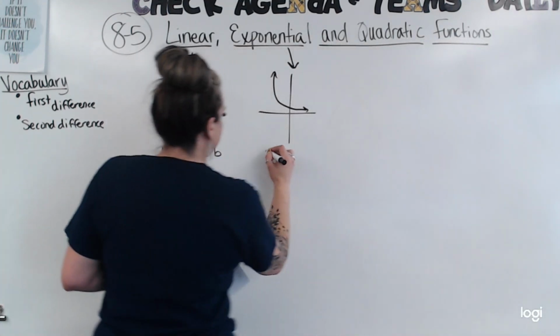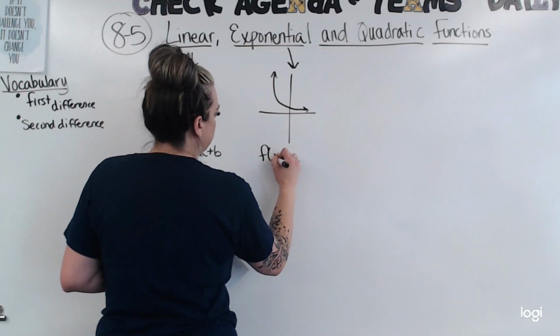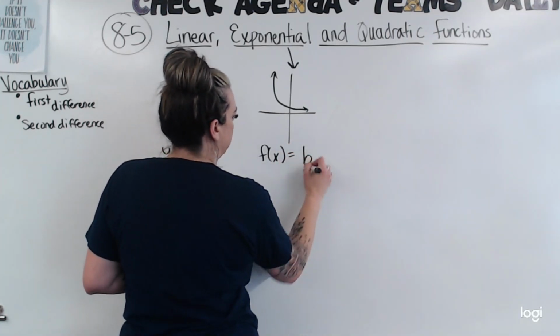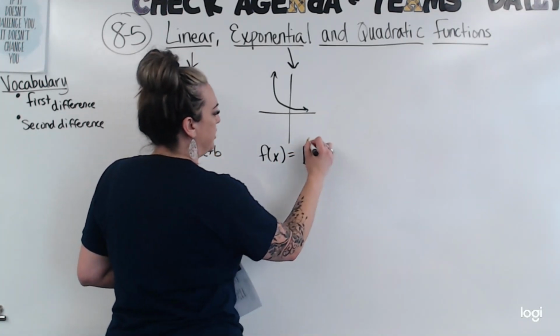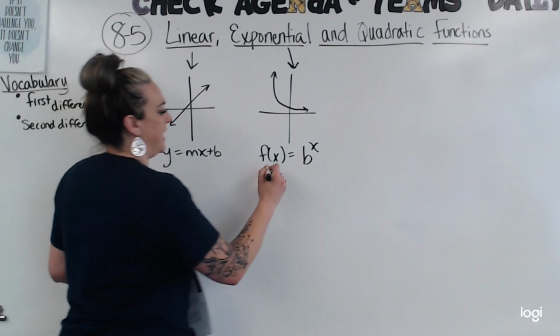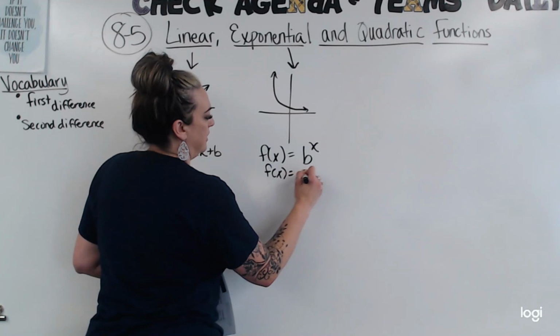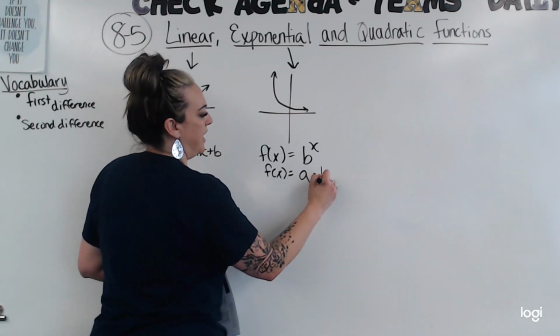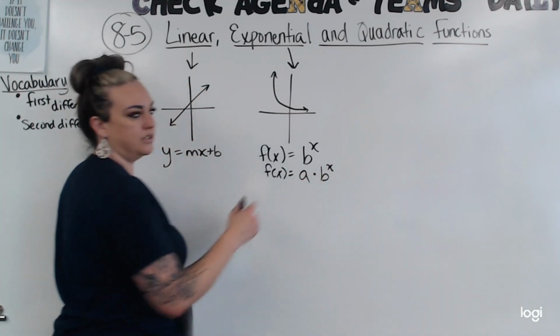This is f of x equals constant ratio to the power of x. We could also see that as initial value times constant ratio to the power of x.